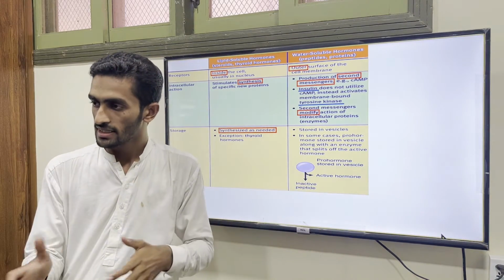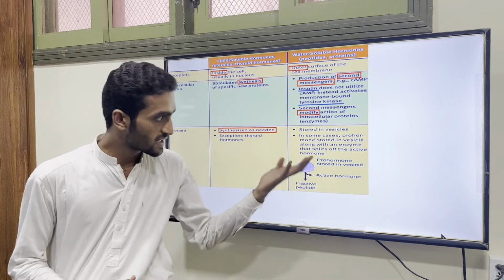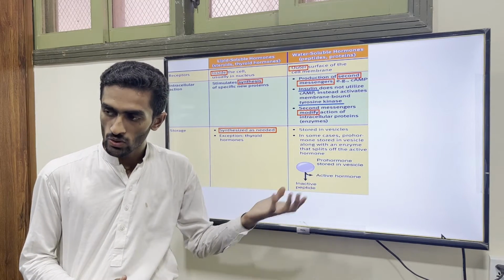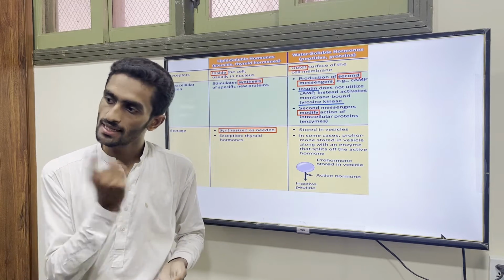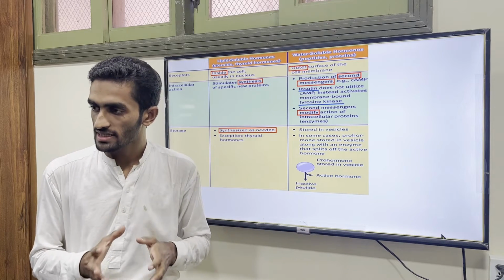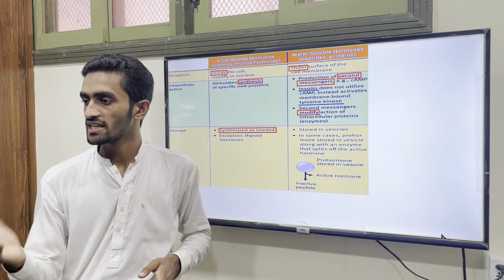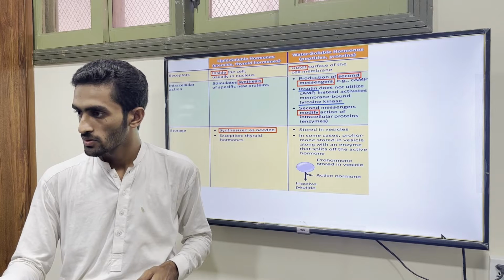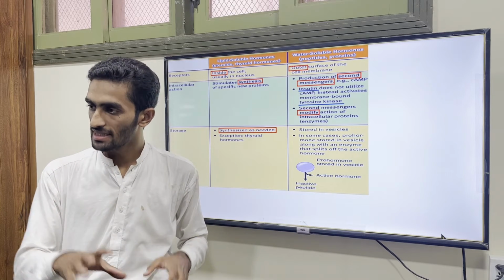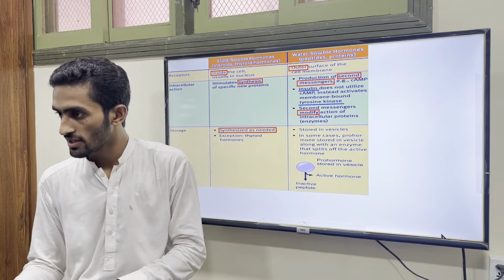Because they are peptide in nature, their vesicle should be lipid in nature, because we cannot store a water soluble thing in a water soluble vesicle.